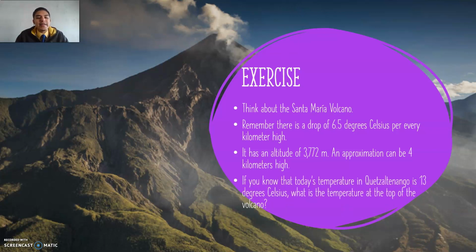So my question is, if you know that today's temperature in Quetzaltenango is 13 degrees Celsius, what is the temperature at the top of the volcano today? I'm not going to complete the exercise here, but we are going to complete it during the live session, okay? So make sure to complete this exercise, and we are going to discuss it during our Zoom session today.